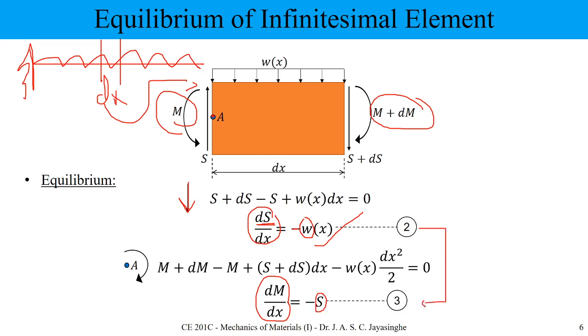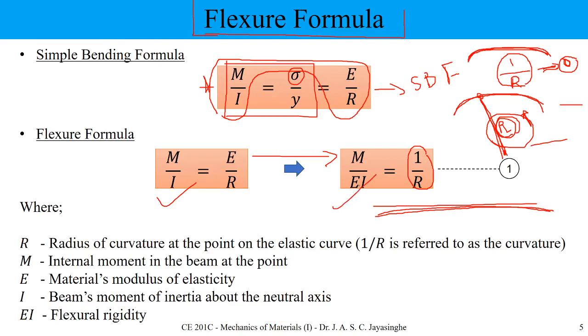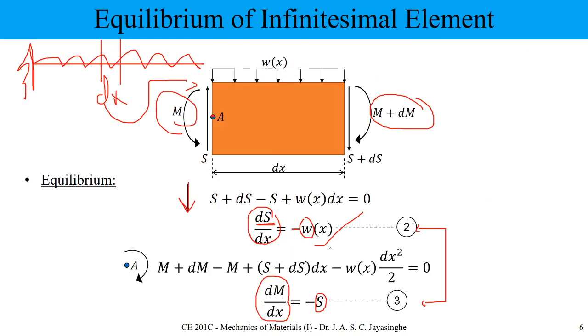Now we have a set of three equations. The first is the flexure formula, about the radius of curvature and actual curvature. Then the relation between shear force and load intensity, and then moment and shear. We're going to directly use these to formulate our deflection equation.